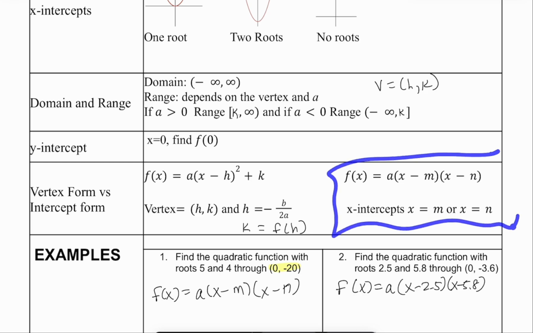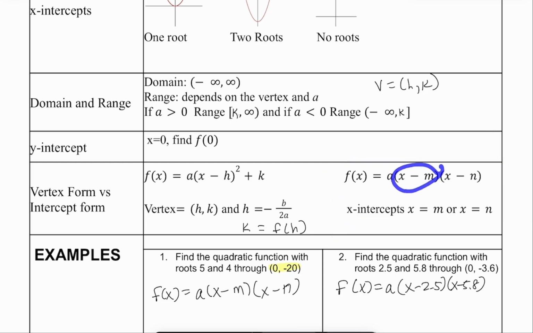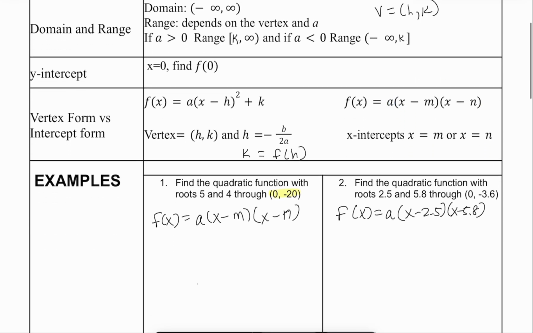But sometimes if we're only given the intercepts, you can just plug them into this form that we see here, and your a value will still be necessary. It will tell us if it goes upward or downward. Remember, your vertex is smack dab in the middle of those intercepts.